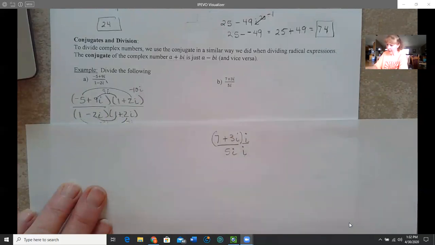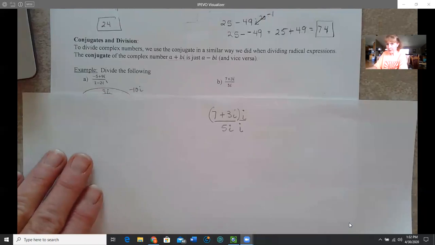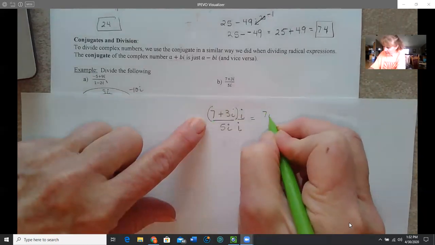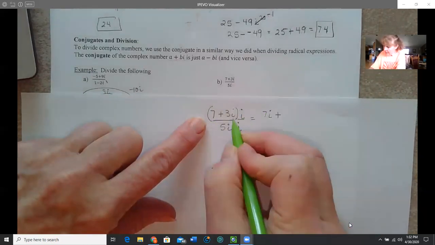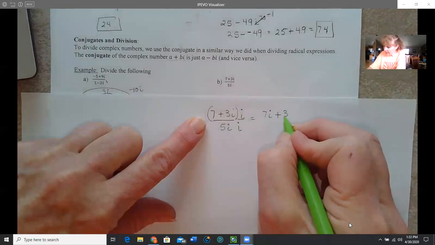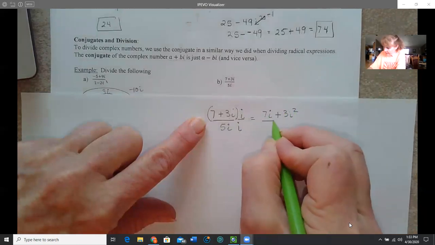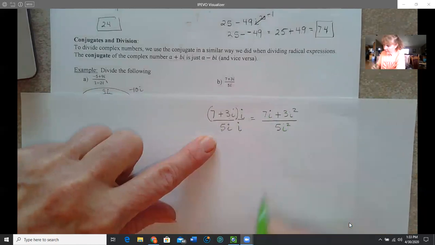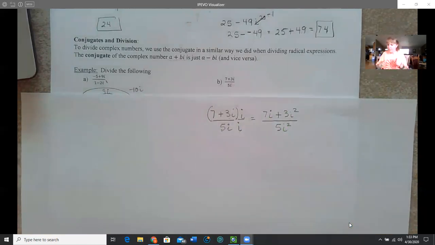So let's go through that. Notice the parentheses I put around the 7 and the 3i. 7 times i is 7i. 3i times i is 3i squared. 5i times i is 5i squared. Okay, multiplying those, and now we just simplify them.